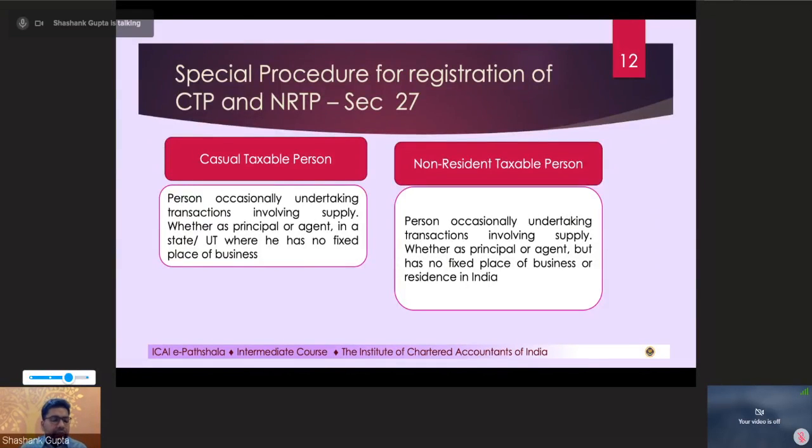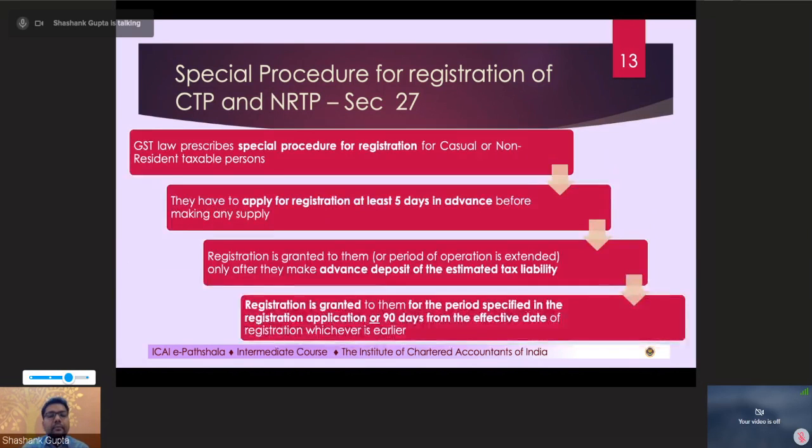Next is the special procedure for registration of a casual taxable person and a non-resident taxable person. We have already discussed what a casual taxable person and a non-resident taxable person are. Now, what is the procedure for granting registration in their case?